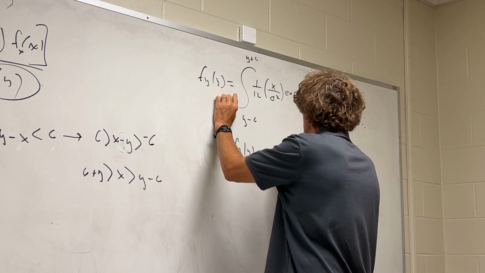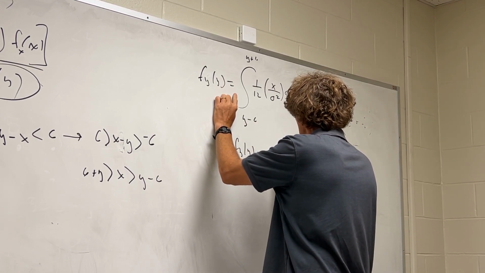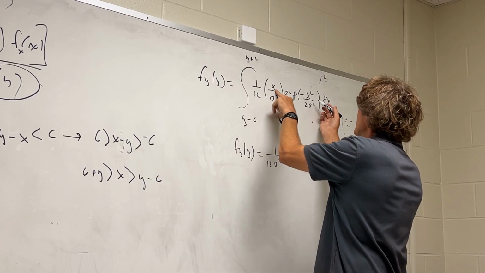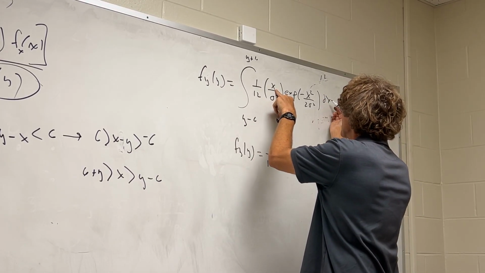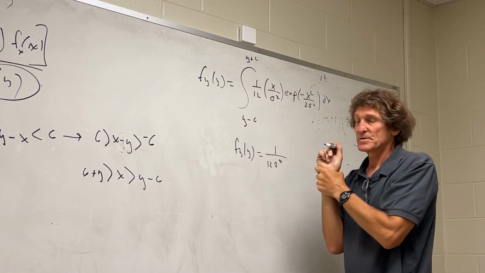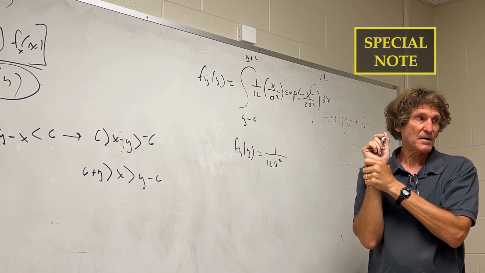Here you're going to get the 1/12, 1 over 12 sigma squared. Those are the constants. Then when you have x e to the minus x squared over 2 sigma squared dx, you get minus e to the minus x squared over 2 sigma squared. You all remember the antiderivative, right?